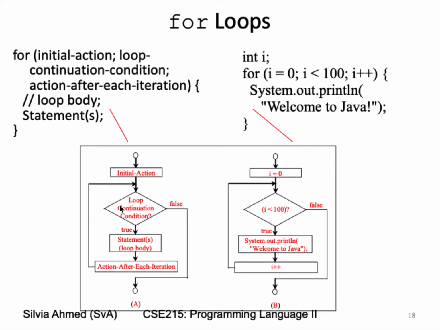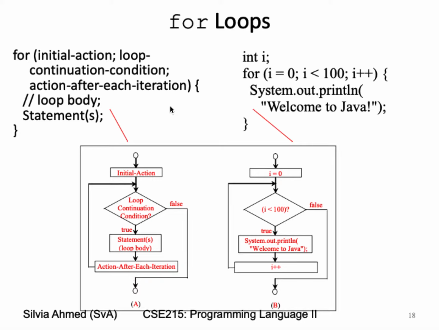And the loop continuation condition actually executes n plus 1 times. That means if the loop is supposed to repeat n times, the continuation condition is executed n plus 1 times. The plus 1 is because the last case, where the result is false and the loop exits, also executes.